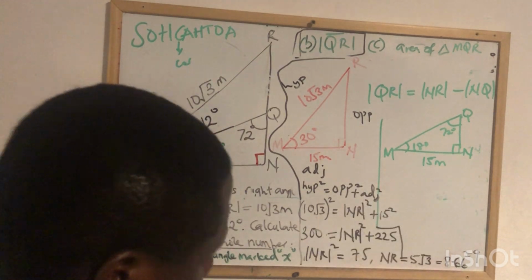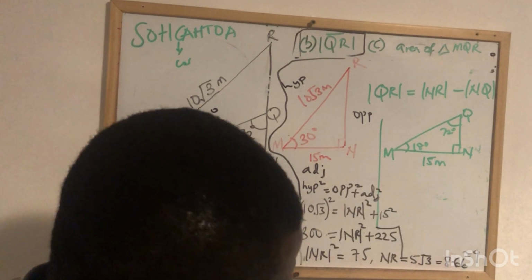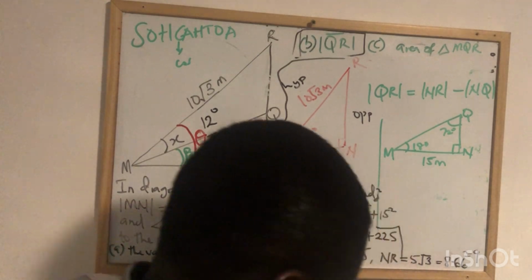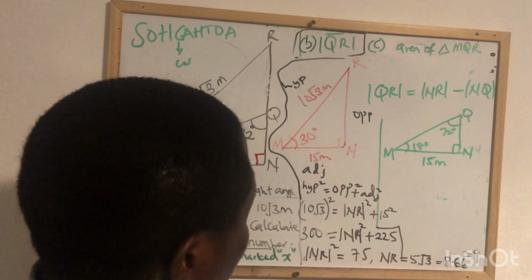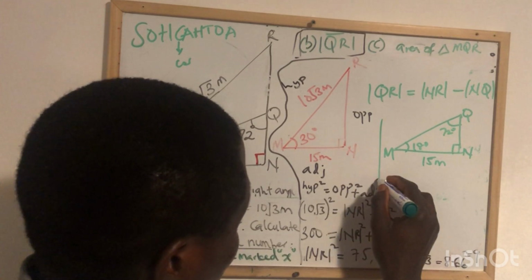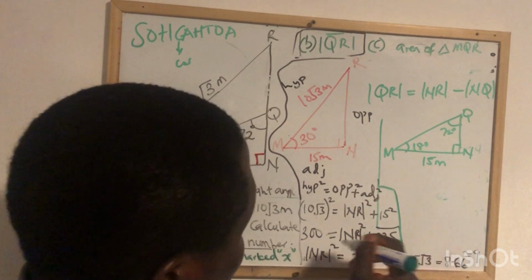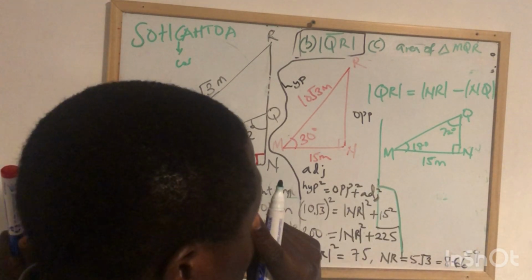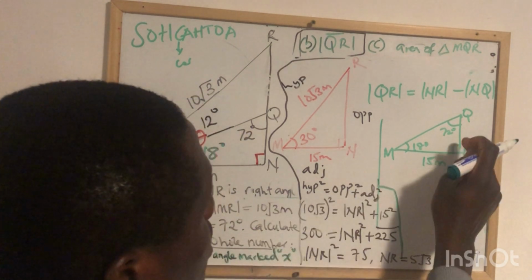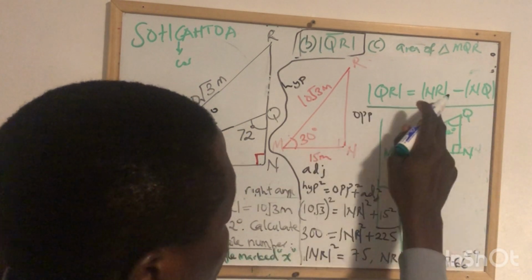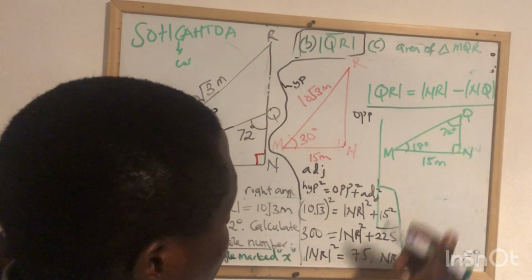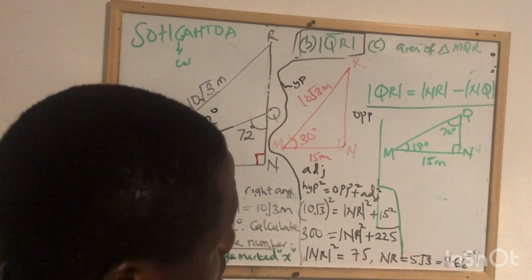So now let me go back to this. As I say, you need to follow diligently. Now to get QR, don't forget we're using this formula: QR equals NR minus NQ.